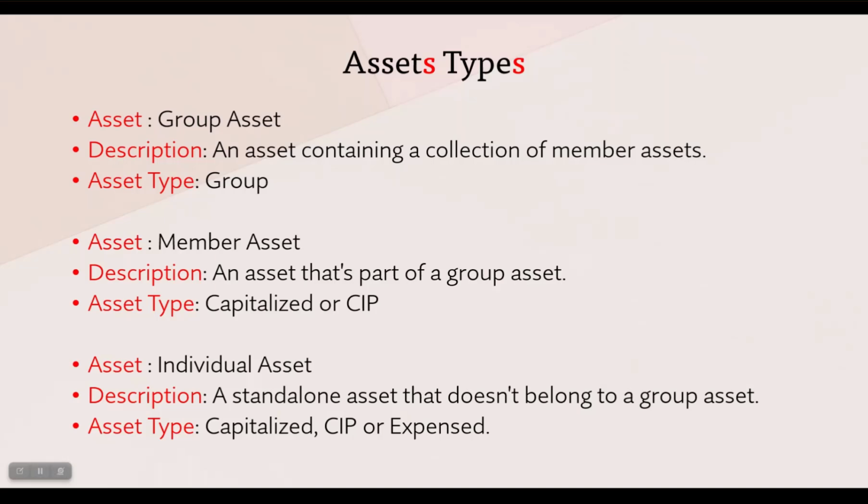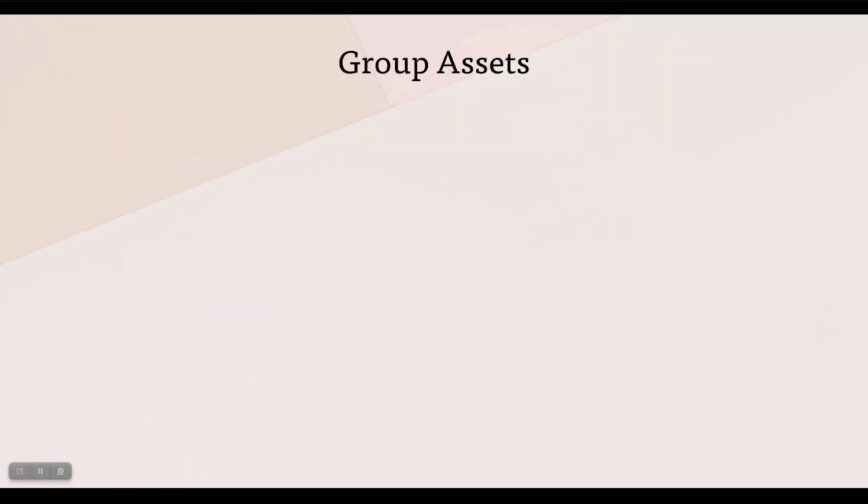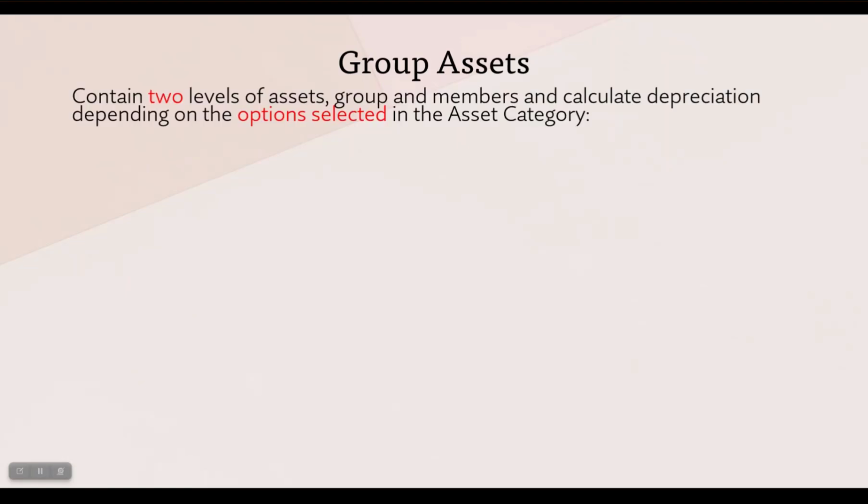The other one is parent assets, and as you know, you can attach the parent assets to individual assets. Later you can also assign the member assets to a group and at the same time to a parent. The system allows this. Group of assets contain 2 levels of assets, group and members.